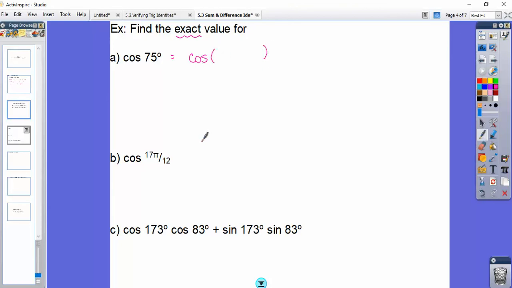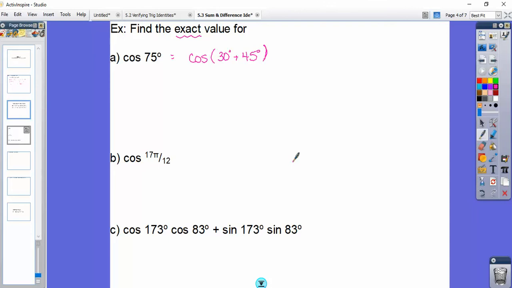We need two angles that we know off our circle that either add or subtract to 75. Now, a lot of times there's more than one correct answer for this. I'm just going to use 30 degrees plus 45 degrees. That's what comes to my mind. Doesn't mean that's the only option.